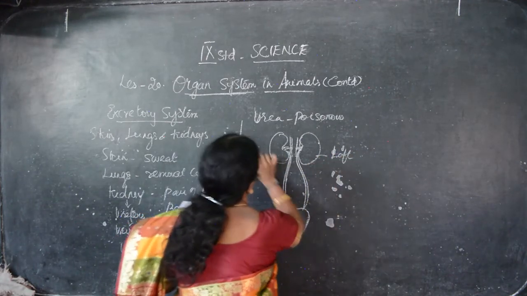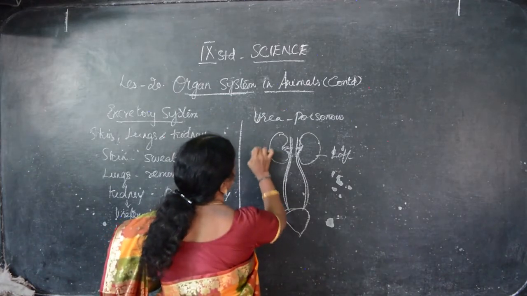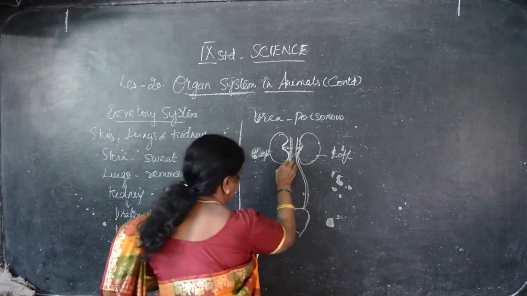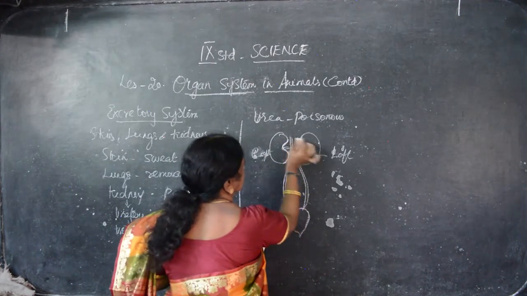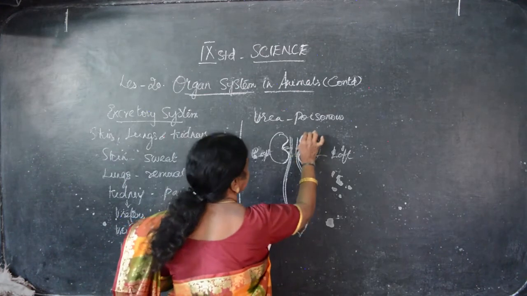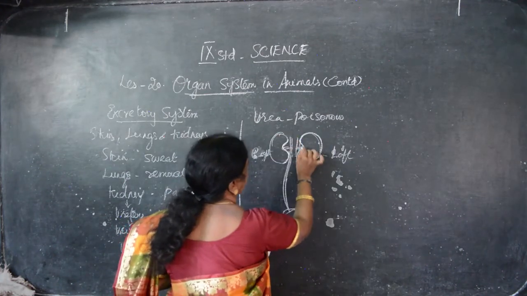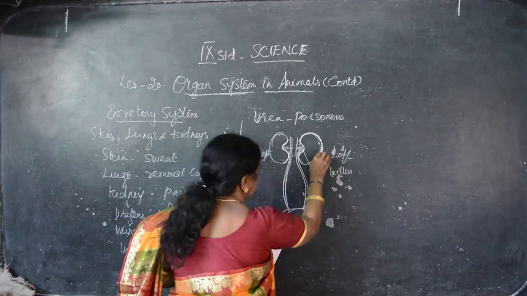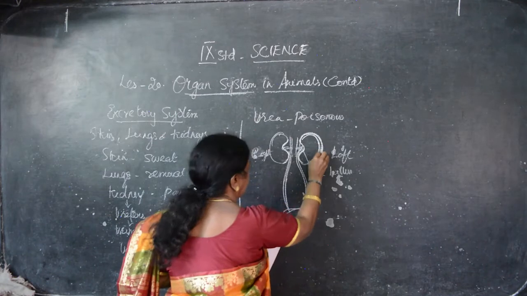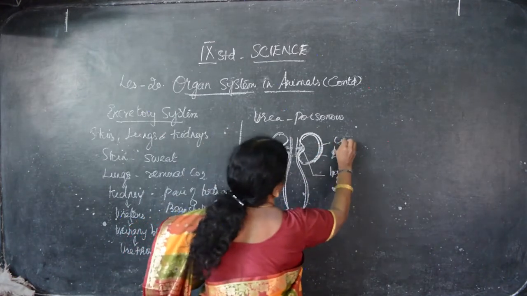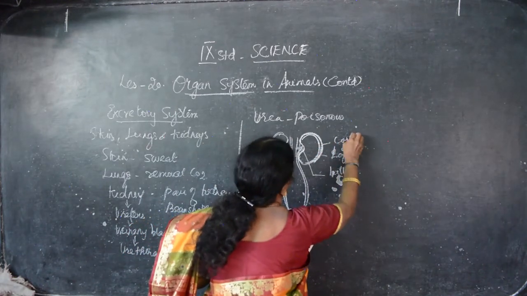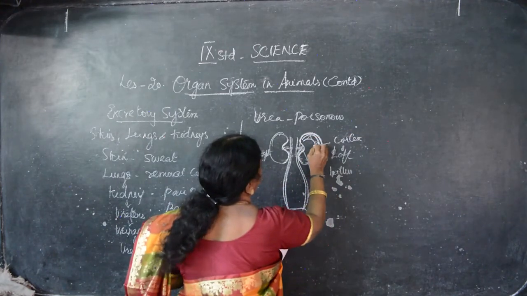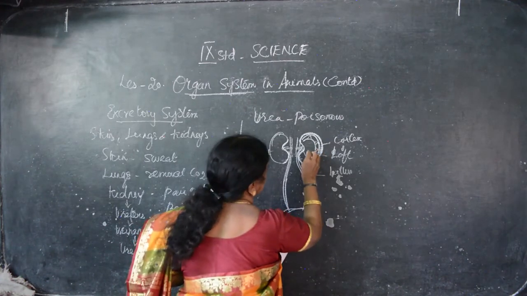This is the right kidney. This is the hilus. This is the cortex, the outer cover of the kidney. Inside is the medulla, with pyramidal structures. This is the pelvis.